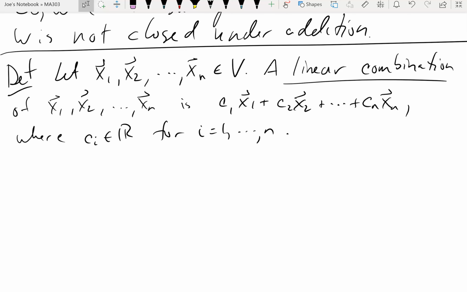So what we care about for linear combinations is the idea of creating a subspace.